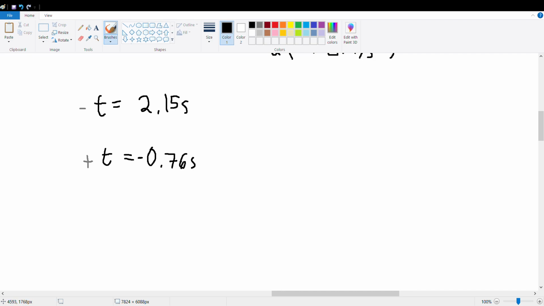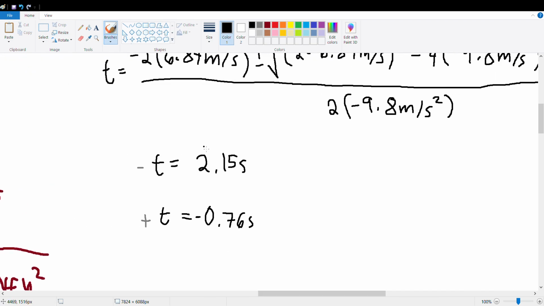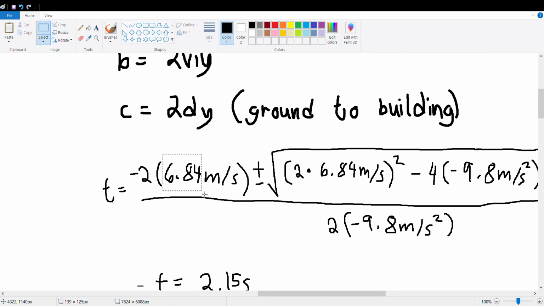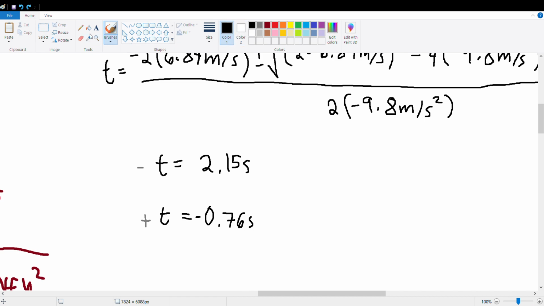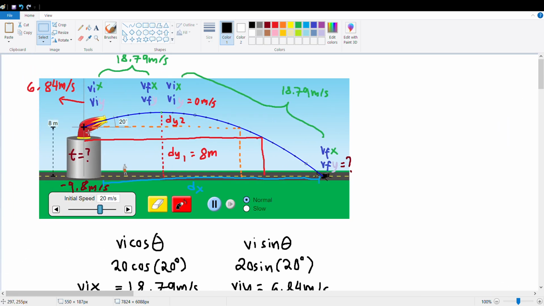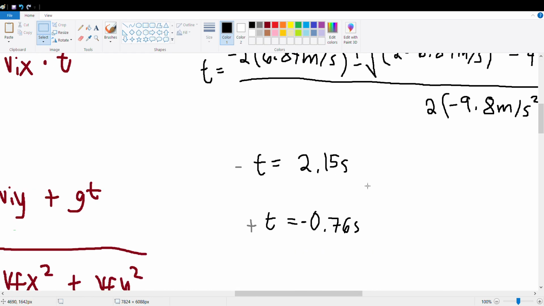And as you know, when you're trying to solve for the quadratics, you should find the value that is positive, which is 2.15. That is our final answer. But if, let's say this is a negative value, then the answer would actually be this one. This would be the positive number, because it's going down, but in this case it's going up. So we will be using this.